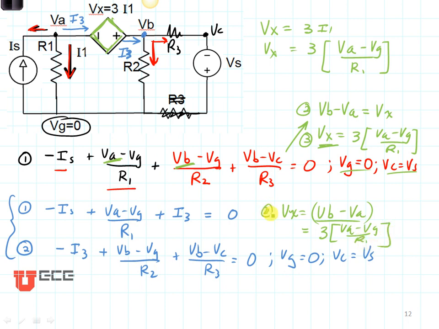That's another equation. Sorry, I have 1, 2, this is going to be number 3, and number 4. So how many unknowns do I have? I have VA, I have I3, I have VB, I have Vx. So those are my 4 equations and my 4 unknowns.